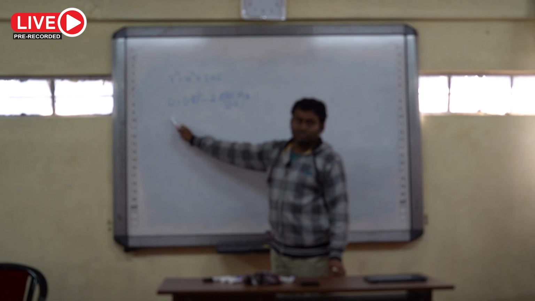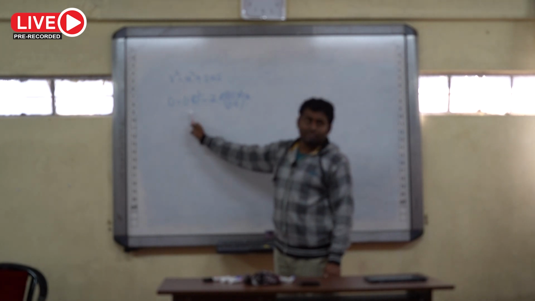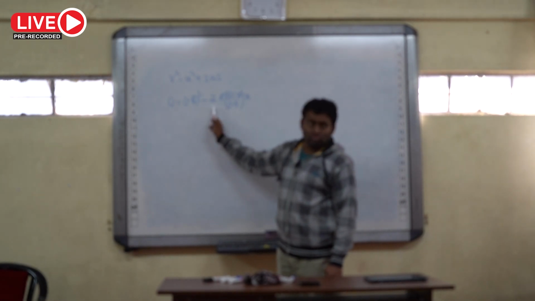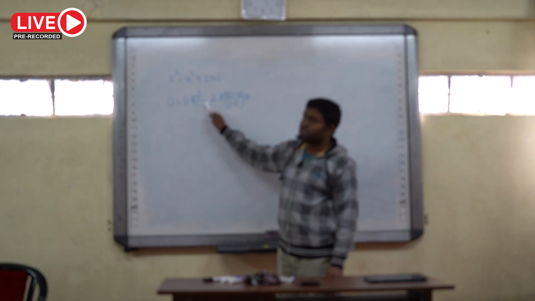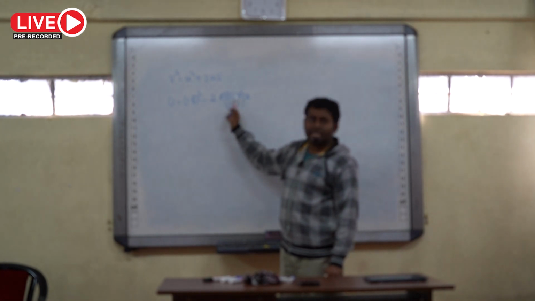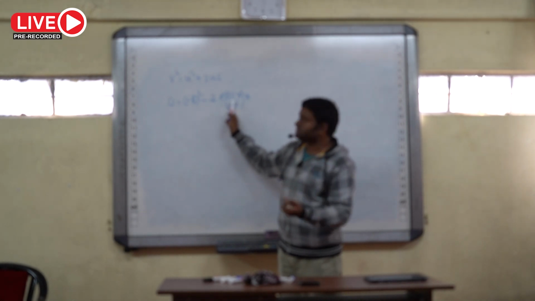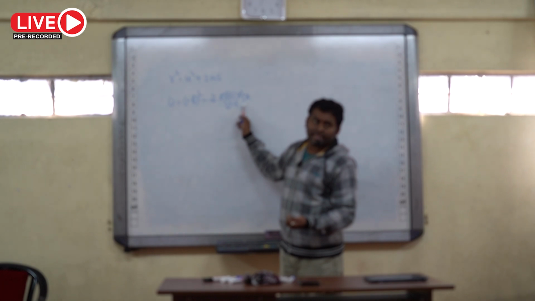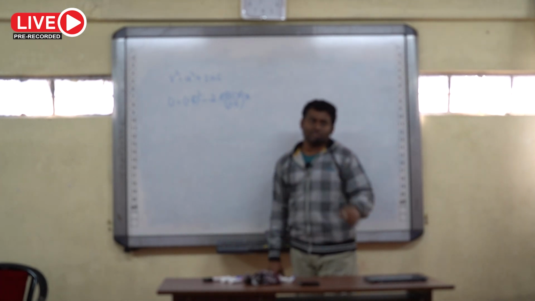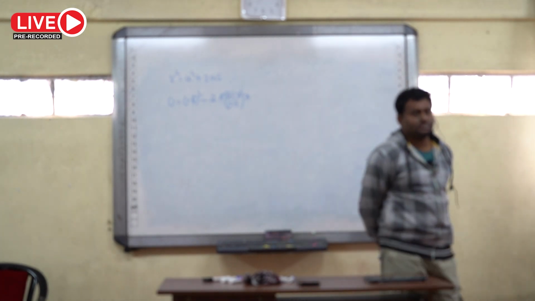I write v equal to 0, u is 1.5 whole square, minus 2 retardation into force by mass. Spring force is kx, minus is already written. K is 50, x is the displacement, x divided by 0.5, into x. Can we use this method to solve the problem?